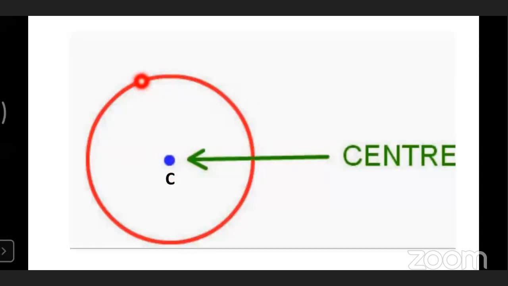It is called a center. We can draw many circles from this point. So C is the center of a circle, and we draw a circle from this center. Is it clear, students? Yes, good. So C is the center of a circle.